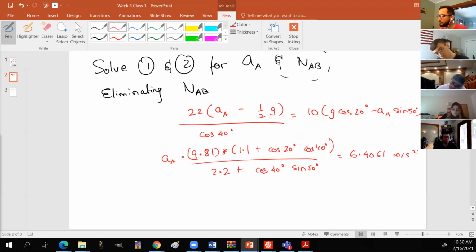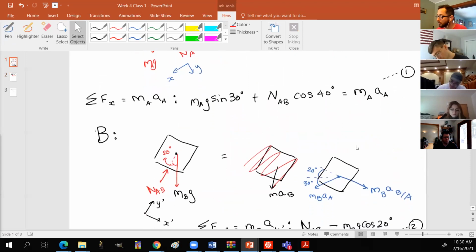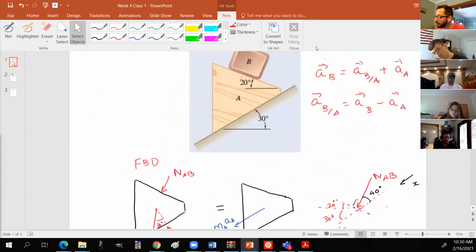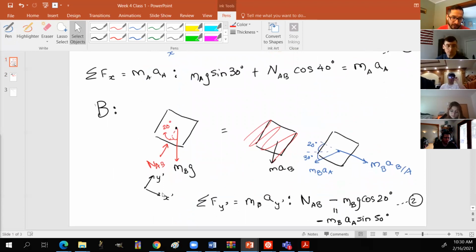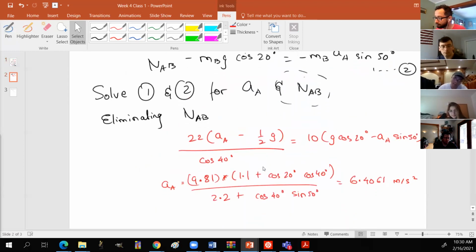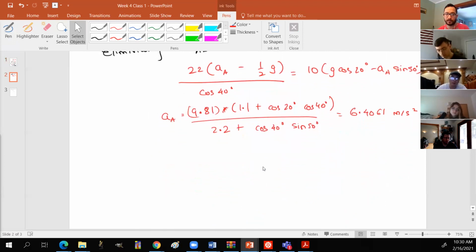Right? And now, to find out the acceleration of B, we also need to find out the acceleration of B relative to A. So for that, we just look at Newton's second law in the x prime direction.